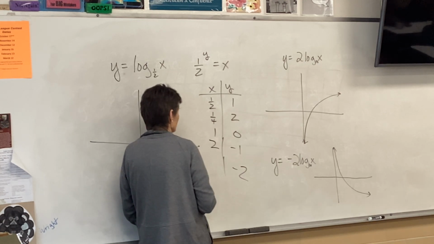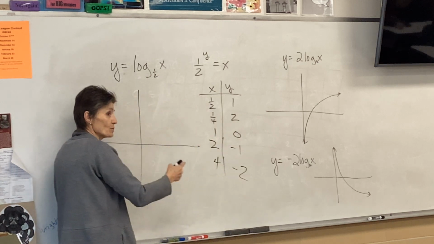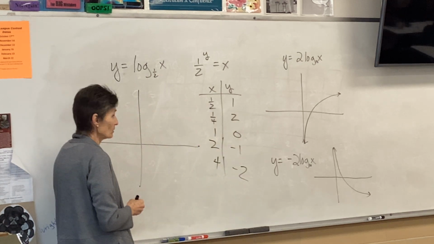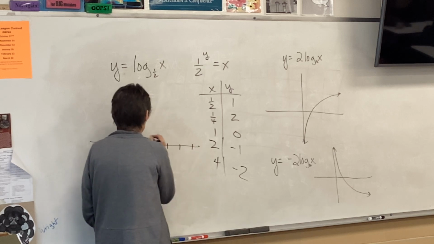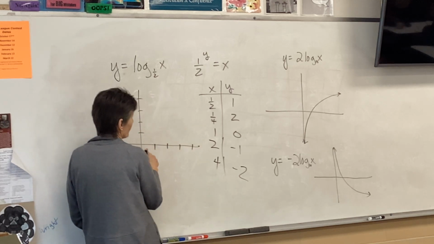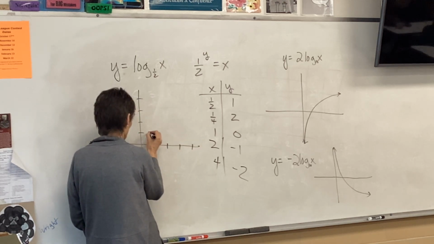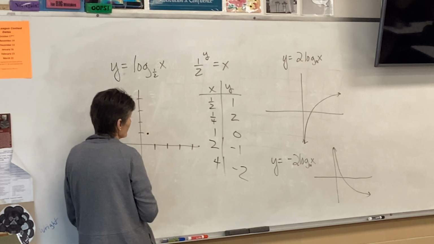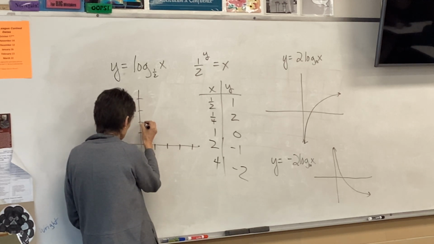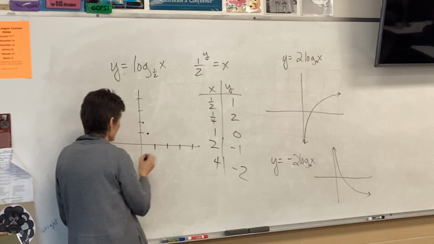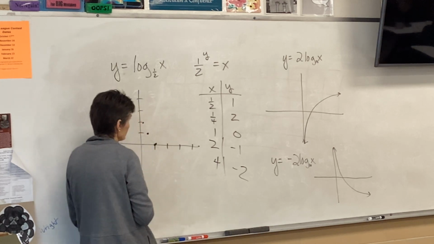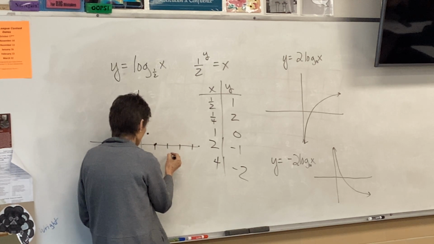And -2? 4. Okay, let's plot those and see what this thing looks like. So, 1/2, 1, 1/4, 2, 1, 0, 2, -1.